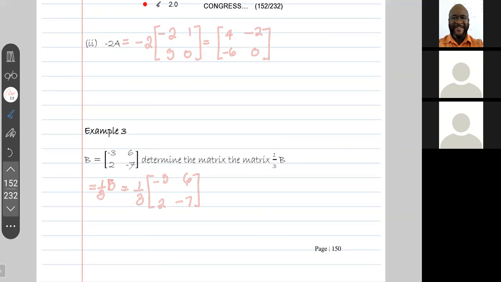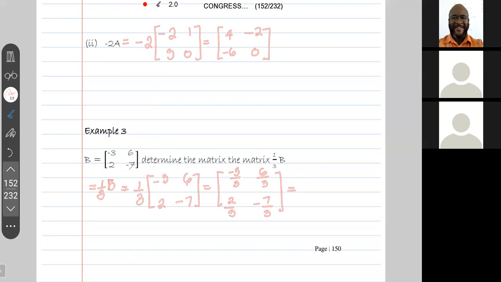But guys, multiplying by 1/3 is the same as saying divide by 3. So this is minus 3 divide by 3, 6 divide by 3, 2 divide by 3, and minus 7 divide by 3.